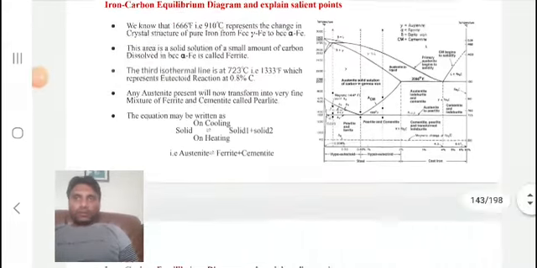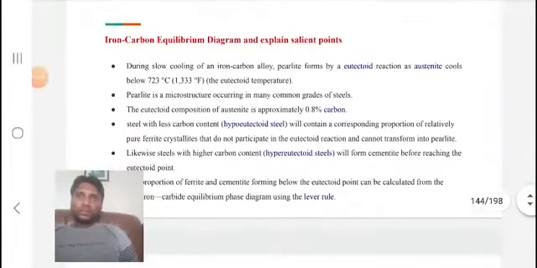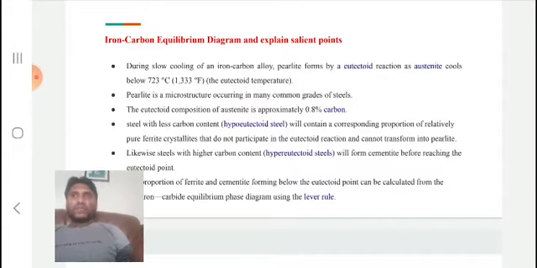So now, during slow cooling of an iron carbon alloy, pearlite forms by a eutectoid reaction as austenite cools below 723 degrees centigrade, called the eutectoid temperature. Pearlite is a mixture occurring in many common grades of steels.